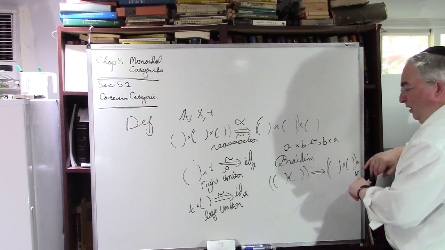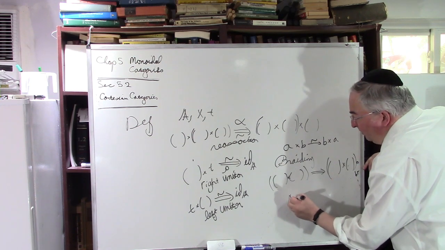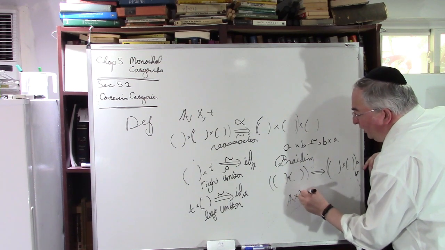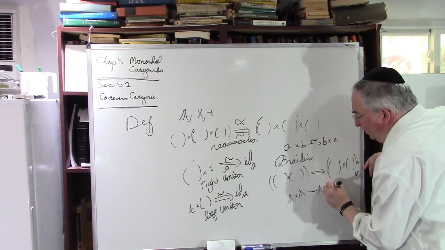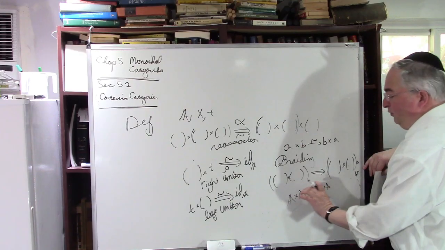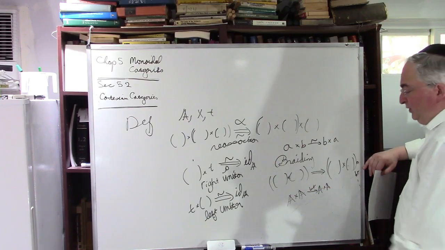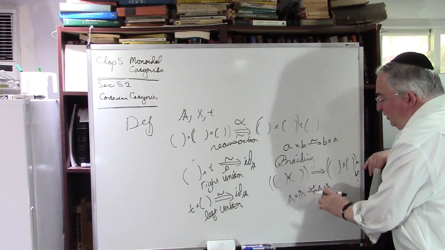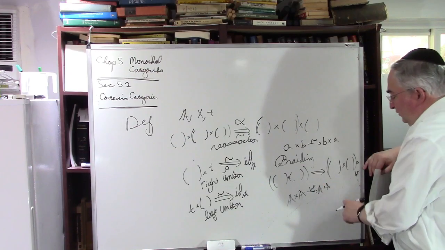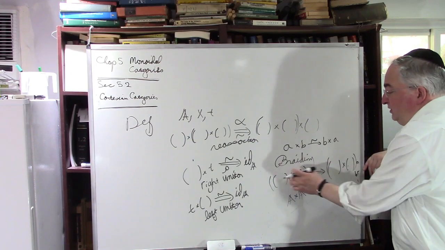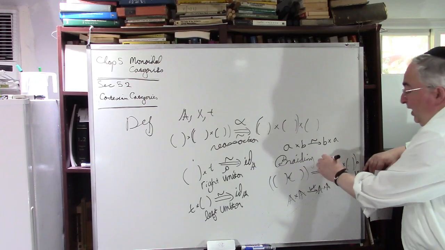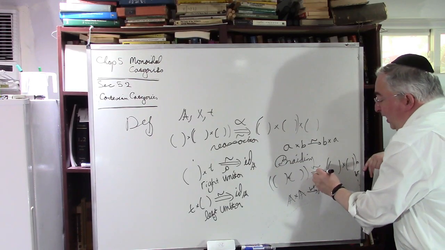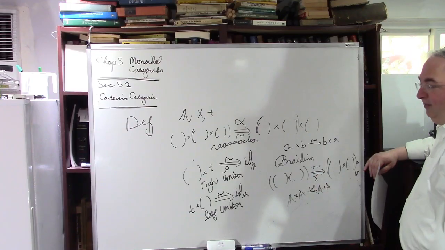And what is BR? BR is the map from A cross A to A cross A, where you flip the elements. So here you're going to have A and B, here you're going to have B and A. So what this does is A times B, B times A. This is going to be a map from A times B. And again, it's a natural transformation. And we usually do that with the Greek letter gamma.